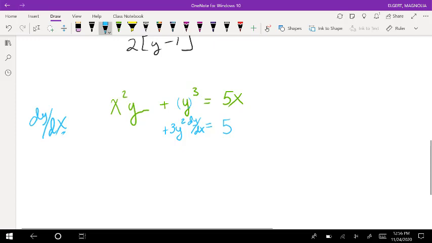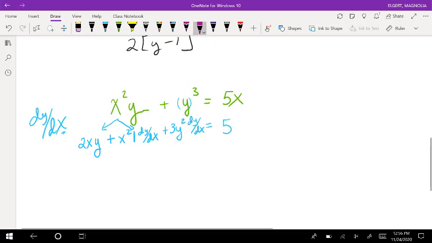If you said the product rule, you're correct. So I'm going to use the product rule. This is going to become 2 terms. Take the derivative of x squared, so that's 2x. It's already in terms of x, so I don't need dy dx, multiplied by y, plus, now I keep the x, I take the derivative of y, which is 1, multiplied by dy dx, because it was not in terms of x.